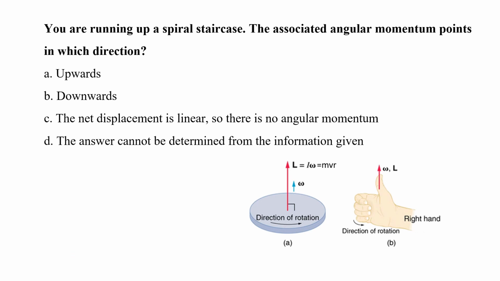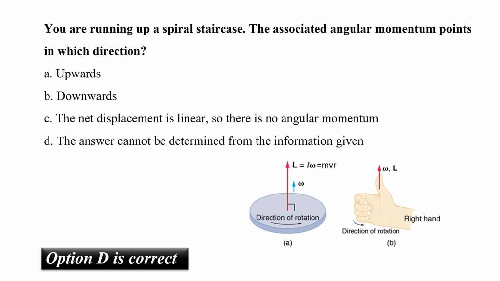This is because the angular momentum L is given by the formula mvr. So L is equal to mvr. Here m stands for mass of the object, v stands for velocity, and r stands for the radius of the circle in which the object moves. The direction of the angular momentum is given by the right-handed thumb rule.